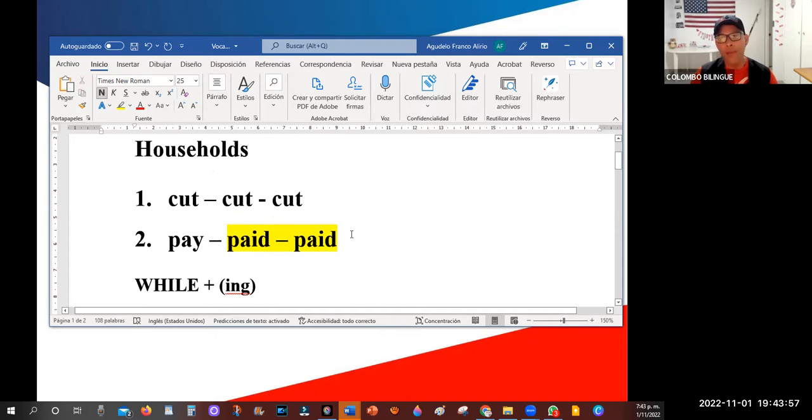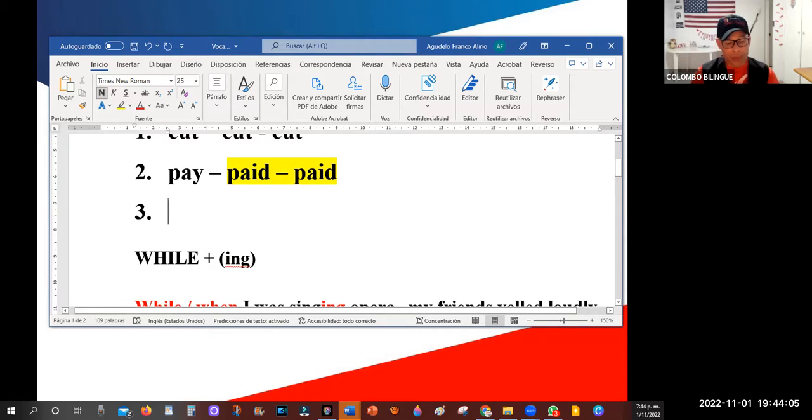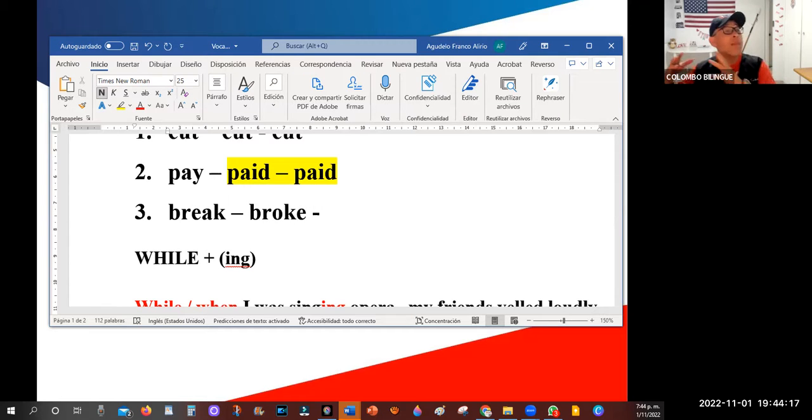Households. All right. Then we have another example of irregular verbs. These verbs are like the verb break. Can you see? You say break. But if you say the verb in past, you say broke. Broke. And if you say the verb in past participle, in English you have to say broken.